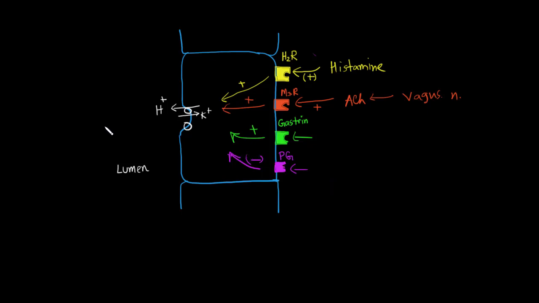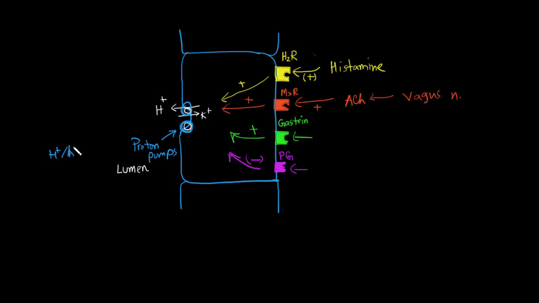Hydrochloric acid secretion happens with the help of the proton pump. This proton pump releases protons, and at the same time it takes potassium ions inside the cell.